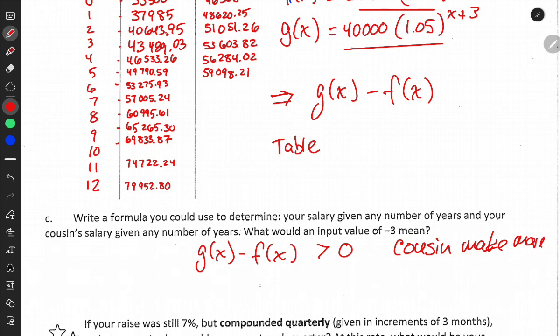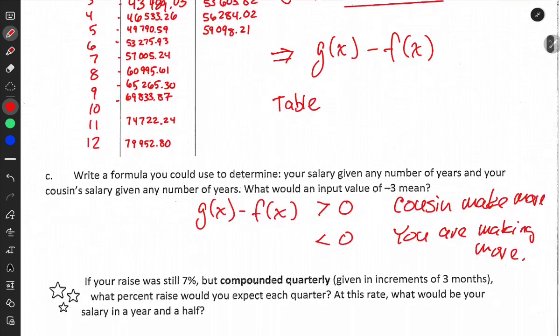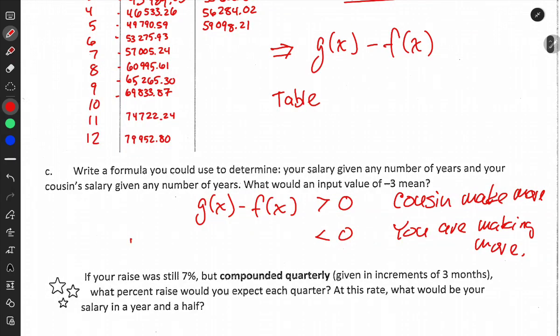But if this becomes a number that's less than 0, because it's g of x minus f of x, at that point, you are making more money. And that happens at year 15.